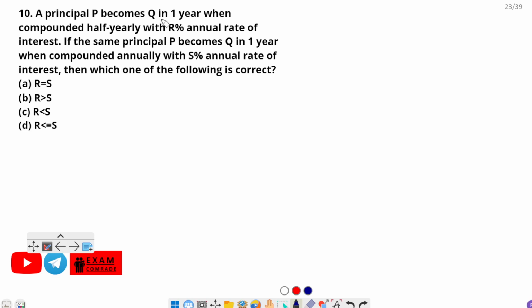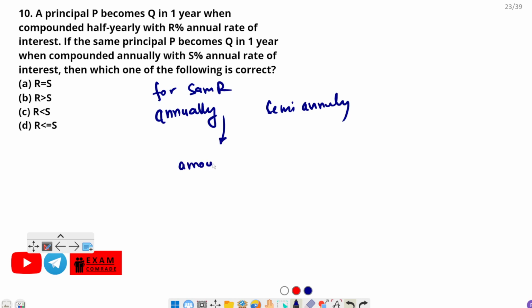The principal P becomes Q in 1 year when compounded half yearly with R% annual rate of interest. If the same principal P becomes Q in 1 year when compounded annually at S%, we know that for the same R, compounded semi-annually we get more amount than compounded annually.